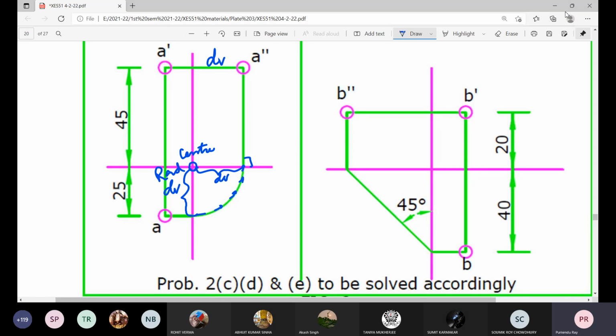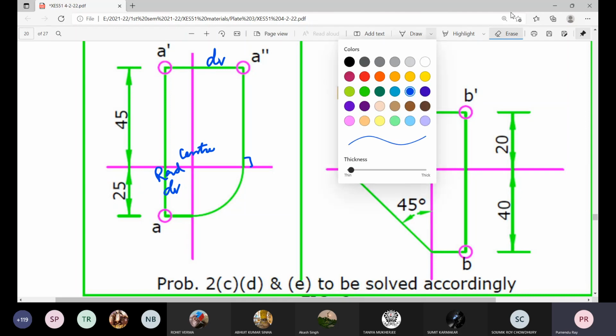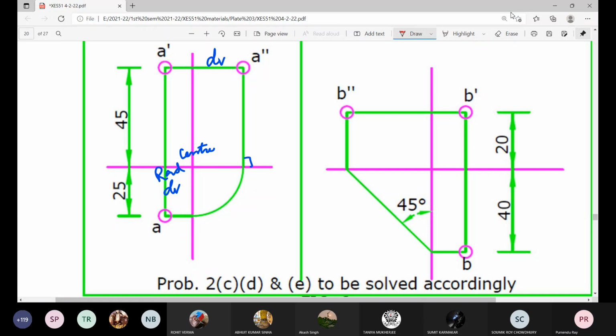Okay. Now, if we, instead of this quarter circular arc, if we draw one 45-degree line, then what would we get? Right angle triangle. Right angle triangle?